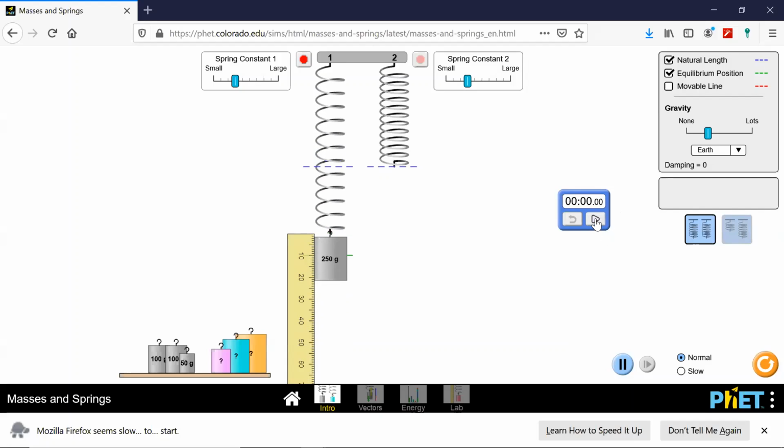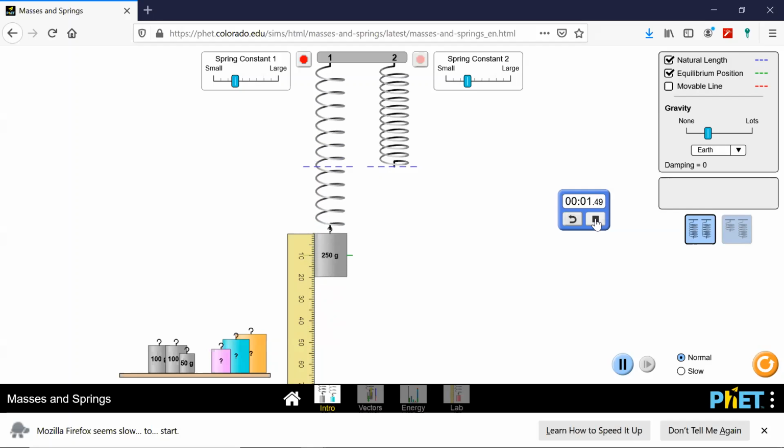I'm going to wait until it reaches maybe the bottom, and then press play to start my stopwatch and start counting. To count, I have to count each time it reaches the bottom end point, not both the bottom and the top end points, just the bottom, so that I have a complete cycle. So I have to count up to 10.